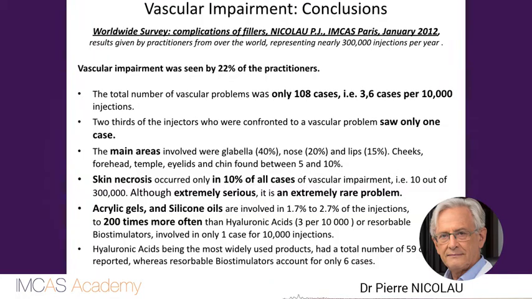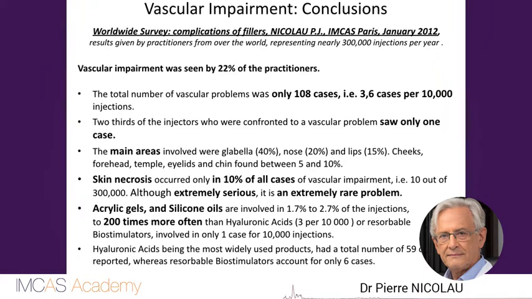And this is a problem which is not very frequent considering the total number of injections. We did a worldwide survey at the IMCAS, which I presented in 2012, and out of almost 300,000 injections worldwide, the total number of vascular problems was less than 4 cases per 10,000 injections.